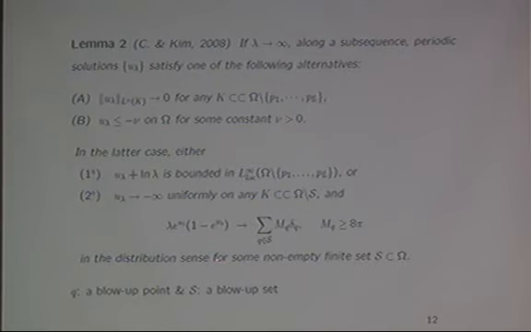I mean, there exists a non-empty finite set S such that U lambda tends to infinity uniformly on any compact subset of omega minus S, and the nonlinear term converges to the finite sum of Dirac masses. Here the mass is greater than or equal to 4 pi. So in this case, we call q a blow-up point for U lambda, and S a blow-up set for U lambda.